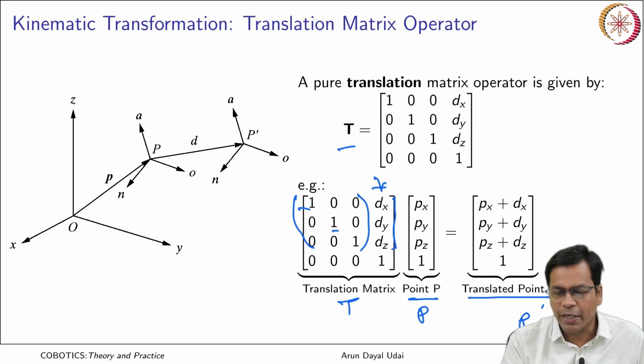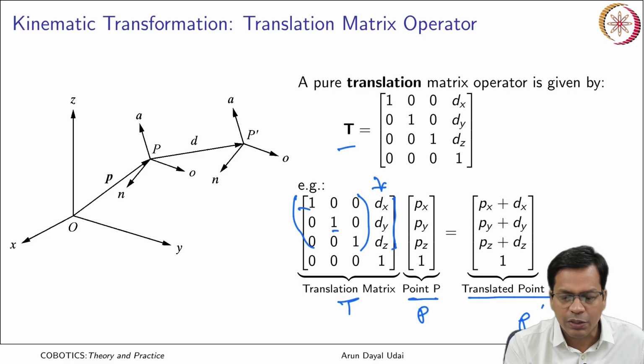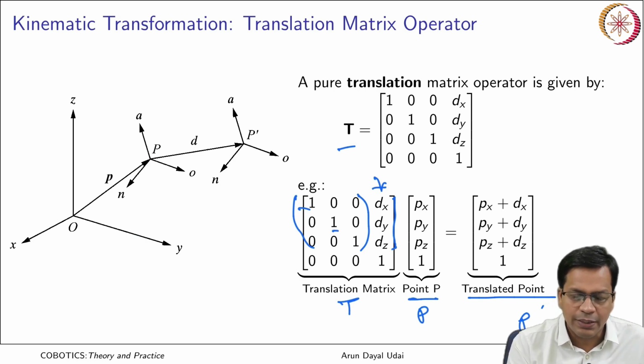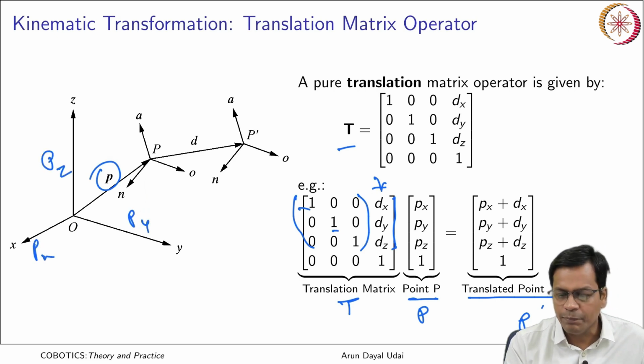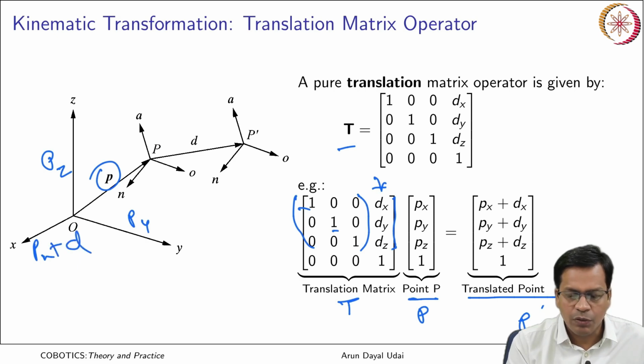When this is multiplied with this, you see the location of this point has changed. Initially it was Px, Py and Pz, later it became Px plus dx, Py plus dy and Pz plus dz.